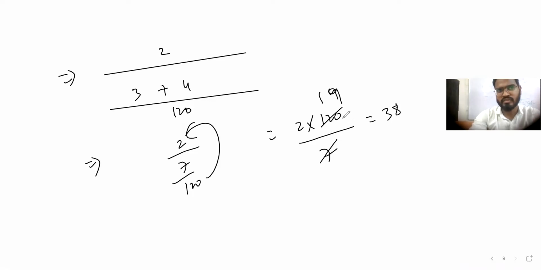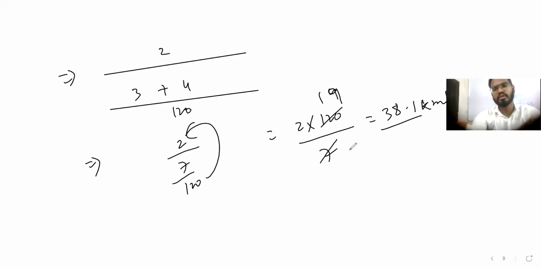It is coming to 5, then 91, and then 38.1. We consider distance in kilometer, so the average speed is 38.1 kilometer per hour.